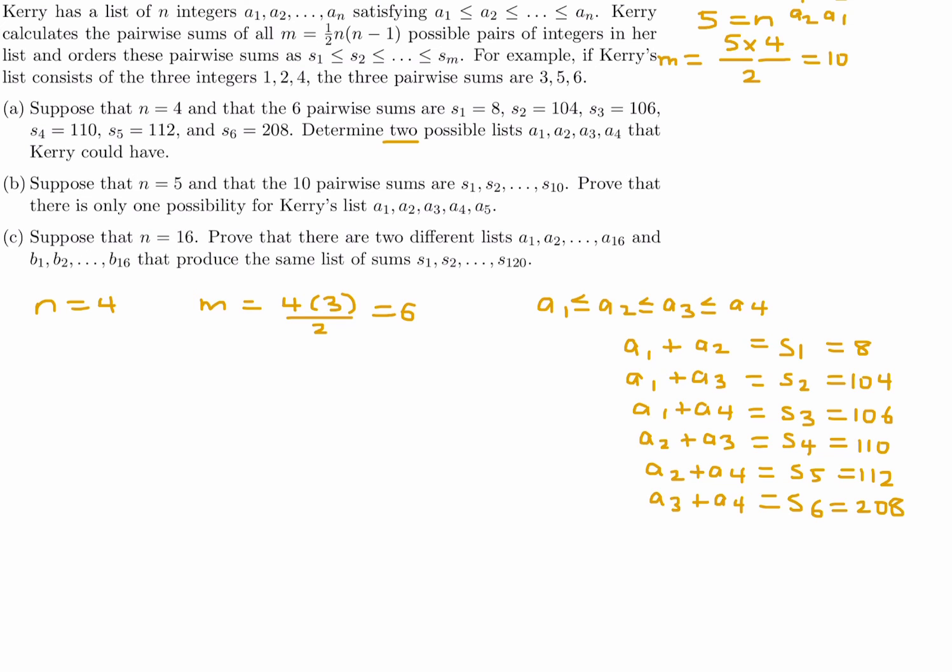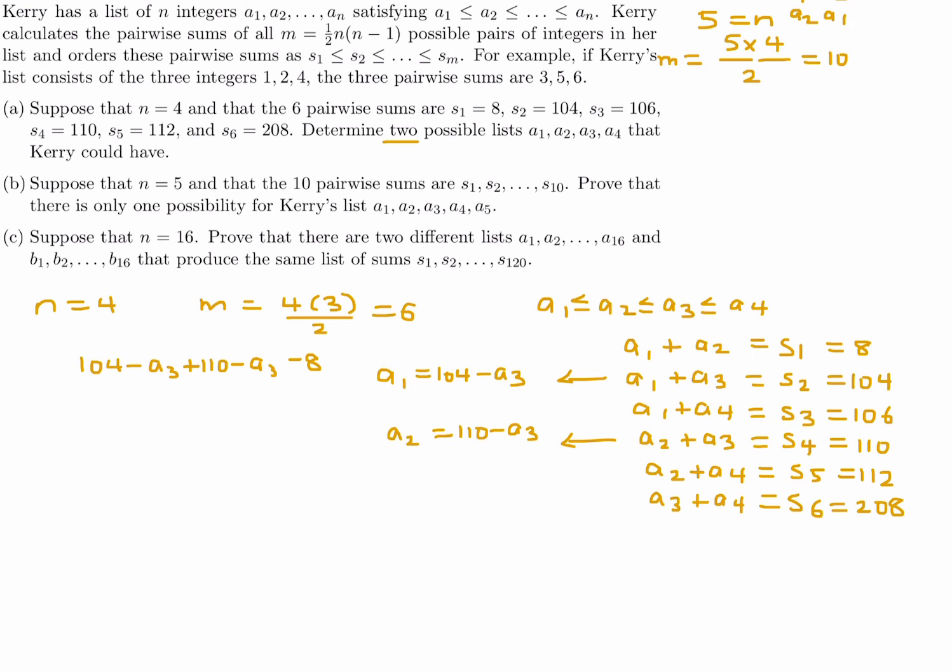So let's see here. Let's go with this one, I think that would help better. a1 is equal to 104 minus a3. And from this one, a2 is equal to 110 minus a3. Now I can sub them back into here and solve. So 104 minus a3 plus 110 minus a3 is equal to 8.